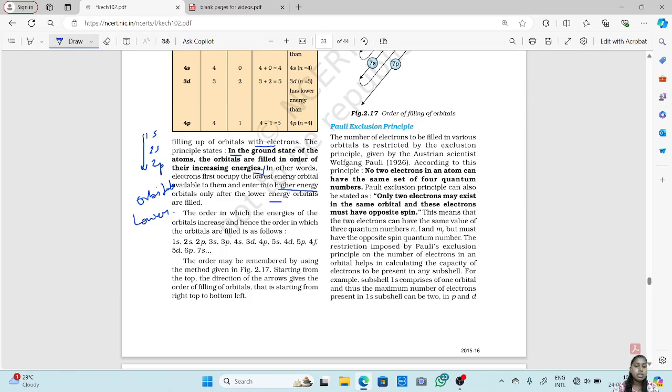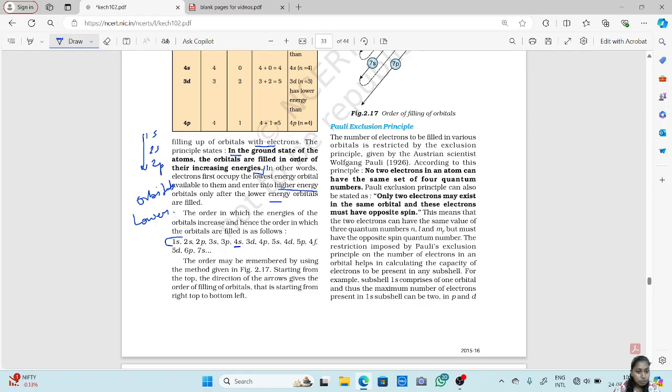Now the order in which the energies of the orbitals increase, and hence the order in which the orbitals are filled, is as follows. This is the order in which the energy of the orbitals increases, and in this order only the electrons are filled up, that is from 1s to 2s, 2p, 3s, 3p.